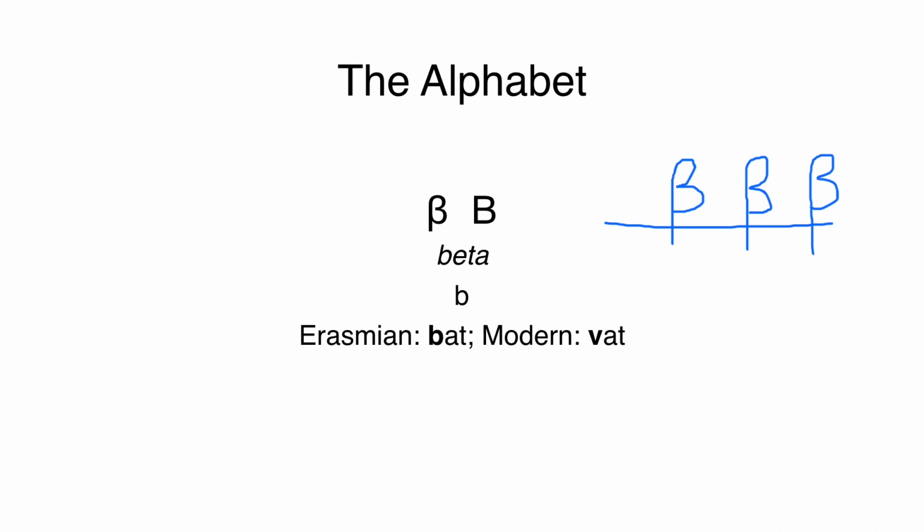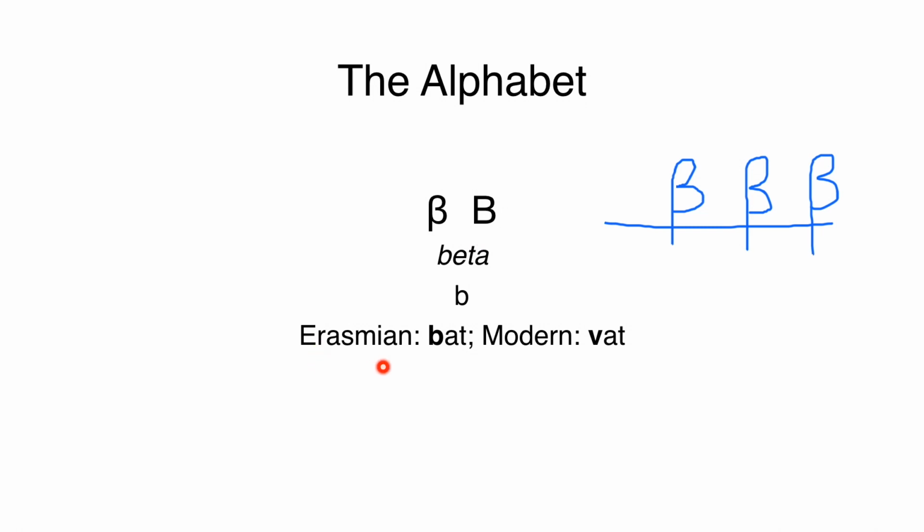Now, this looks a little bit like our English capital B, but with some obvious differences with the stem, and it's a little more rounded. However, the uppercase vita is exactly like our capital B in English.